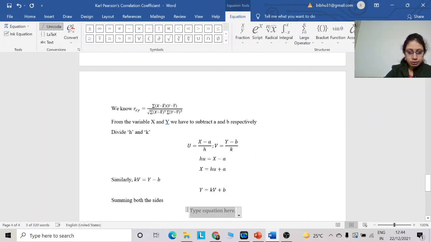Here we are doing the first one, x, so summing both the sides, for the x series, summation of x is equal to, since a is a constant, na, plus h times summation of u.